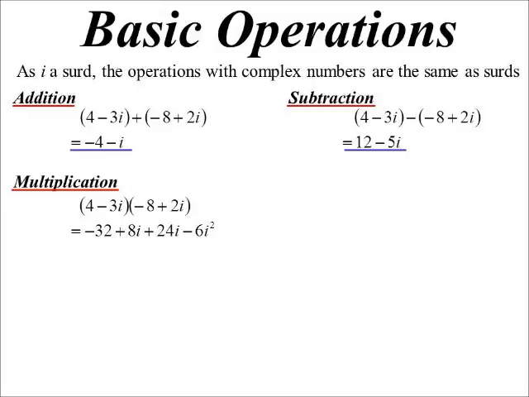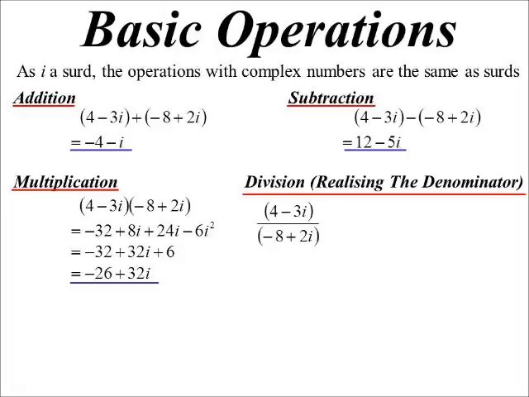That becomes plus 6. Okay? And after a while, you'll get into the habit of not even writing minus 6i squared down. You'll just automatically go, oh, well, minus 3i times 2i is 6. And tidying that up, there's our final answer. Minus 26 plus 32i.